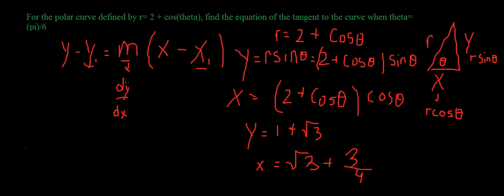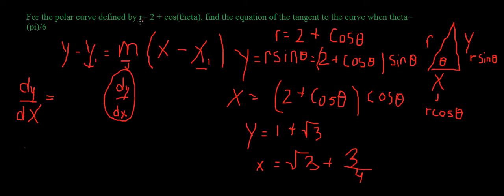We have to find out what the value of dy dx would be for this function. And in order to find dy dx, you could try to convert this formula into a Cartesian formula by manipulating y and x, but that would be really useless, and there's no point in doing that.